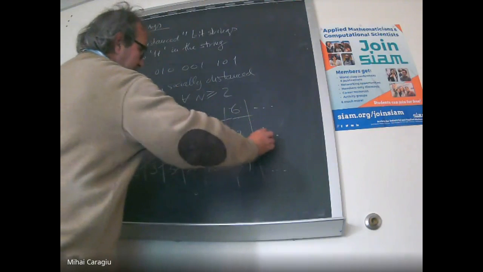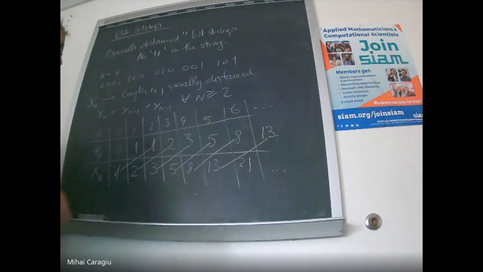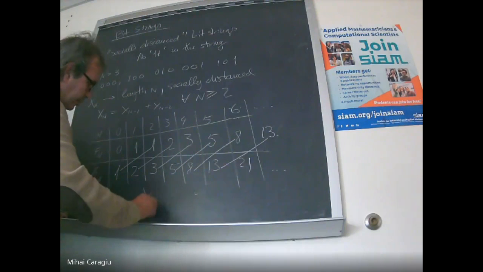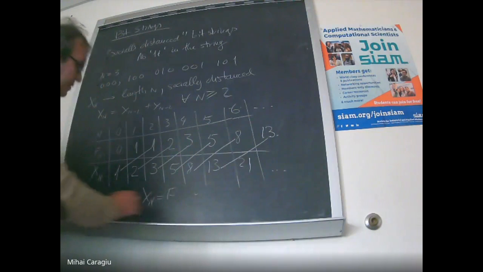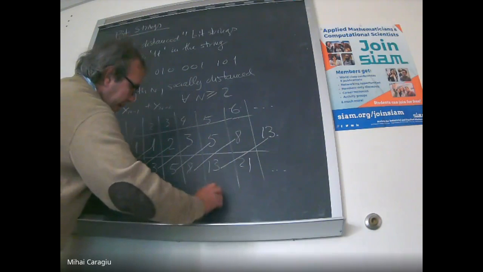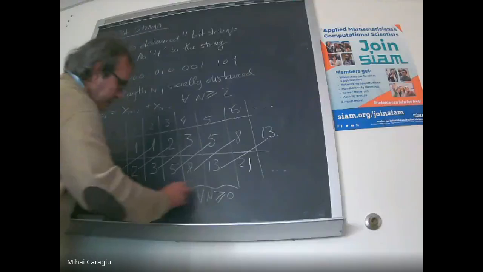Here will be 13, and so on. So clearly we have the same recurrence relation, and the relation between the two sequences is a shift, which means x_n equals F_{n+2} for every n greater than or equal to 0.